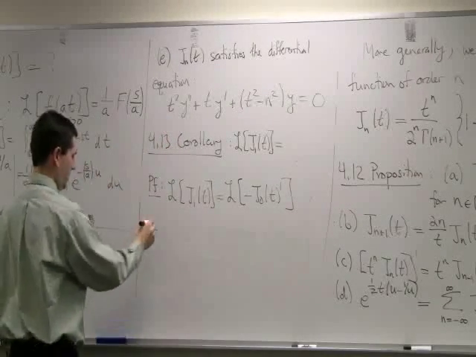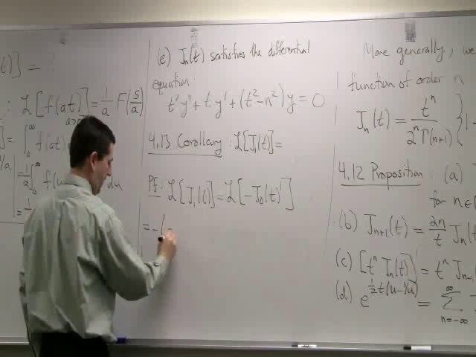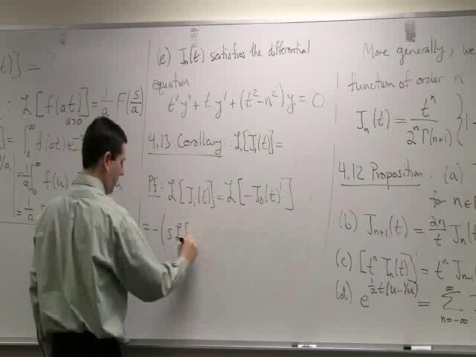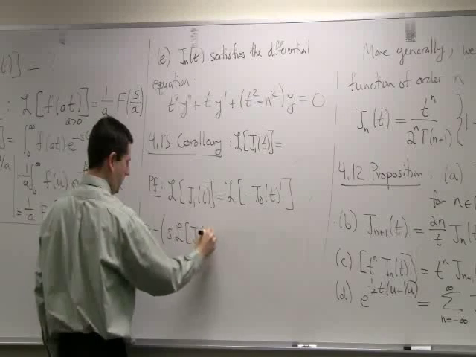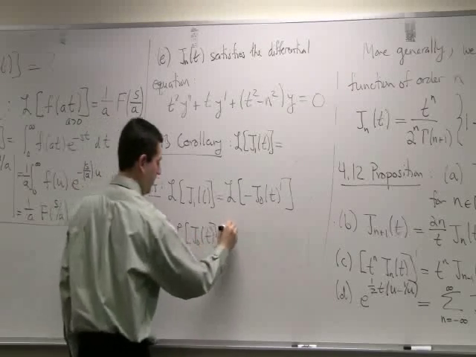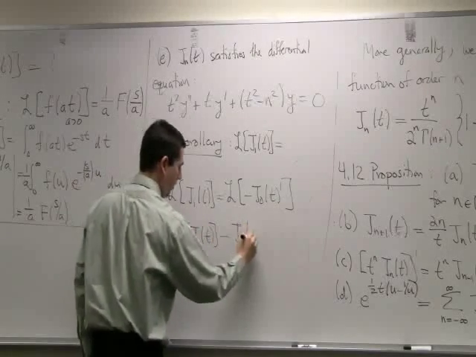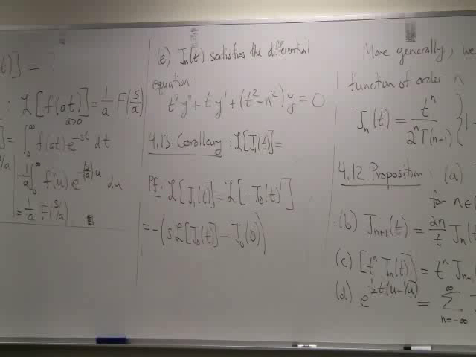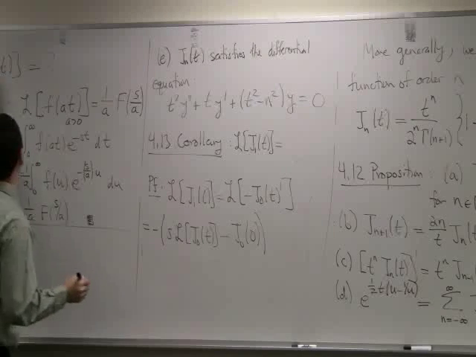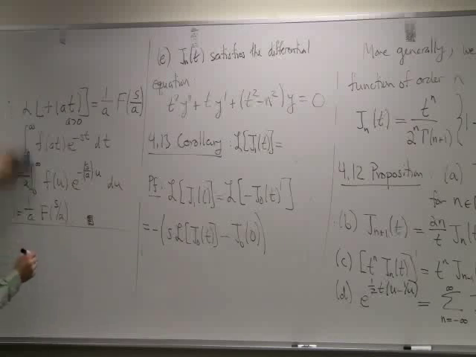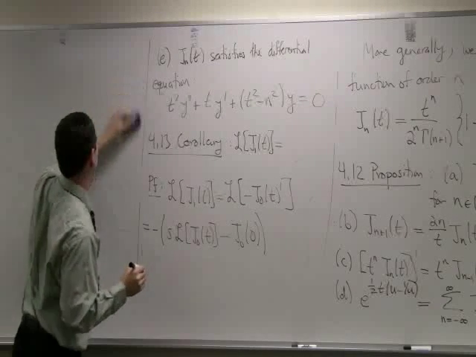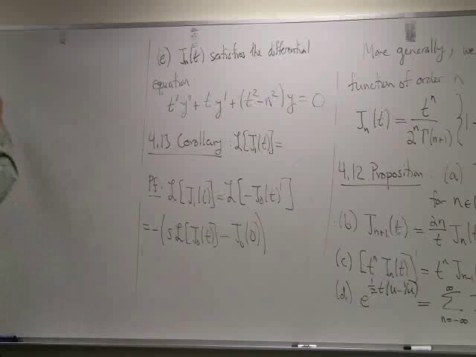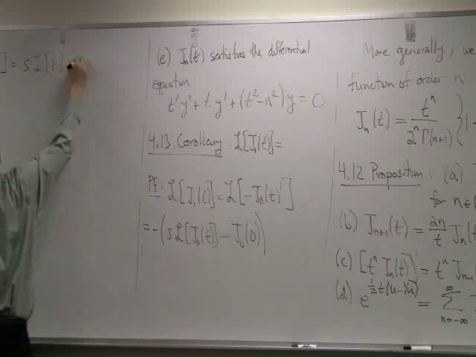So we have a formula for that. Let's see, what's the formula? It's going to be s times the Laplace transform of J0, minus the function evaluated at 0. Let me write that down so you remember it. Remember, the Laplace transform of f prime is s times the Laplace transform of f minus f at 0.